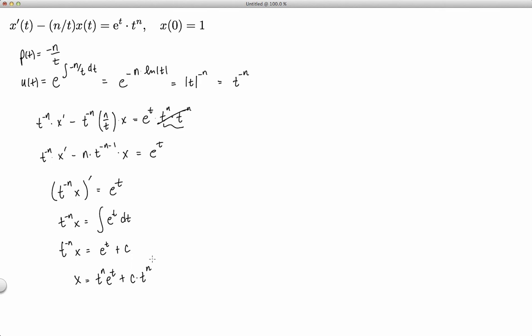Now, I want to apply my initial condition x of 0 equals 1. And so if I'm looking at this, x of 0 equals 1 would imply that 1 is equal to, I'm letting t be 0 here.